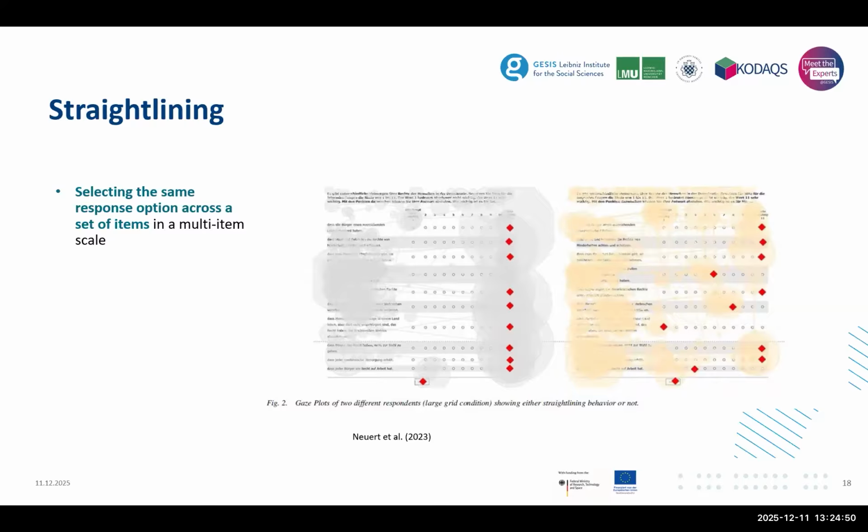They are gaze plots of two different respondents in a large grid. The details are not as important. What I want to showcase is that on the left-hand side, we can clearly see a pattern of straight lining, where literally only one of the available response options was used, and this is essentially straight lining, as explained before.